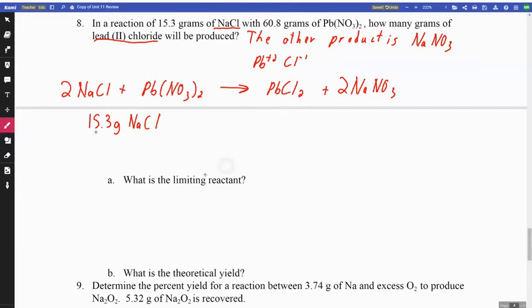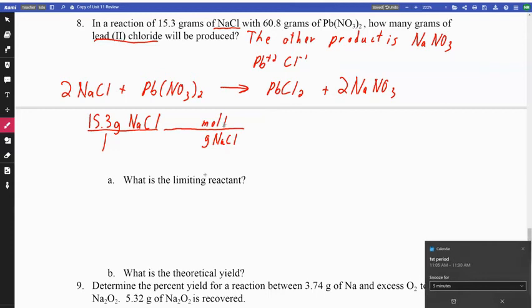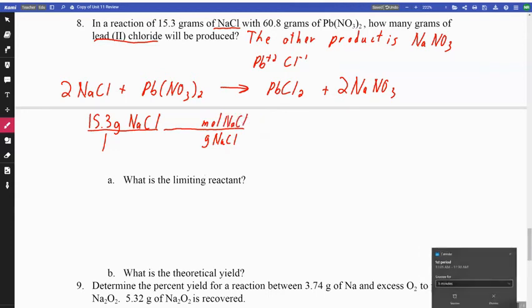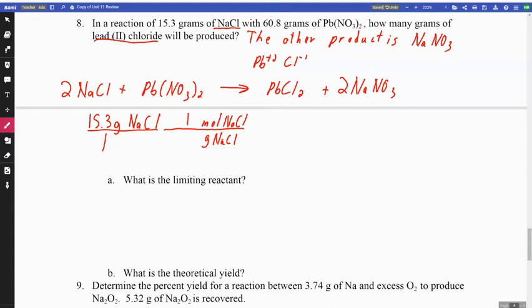Okay, so we're going to start our problem. We put our first given over 1. We do our conversion factor, grams NaCl on bottom, moles NaCl on top. 1 next to moles, molar mass next to grams. Grams cancel out. We're left with moles of NaCl. That's not where we want to be.